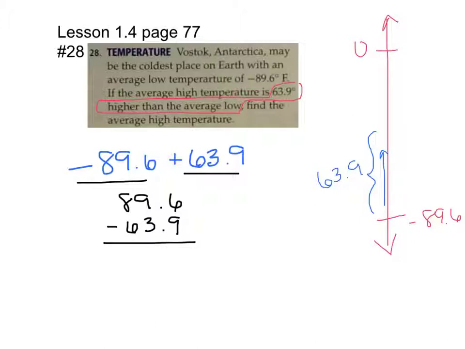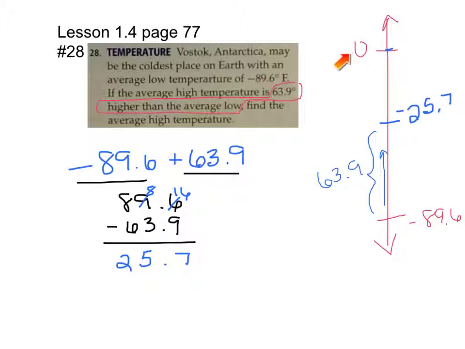So we can't take 16 minus 9, so I have to borrow. So I can take 16 minus 9, which is 7, 8 minus 3, which is 5, and 8 minus 6, which is 2. Now remember, this is the difference between these two numbers, 25.7. So that means I've gone up to the 25.7, but this is still below the 0.